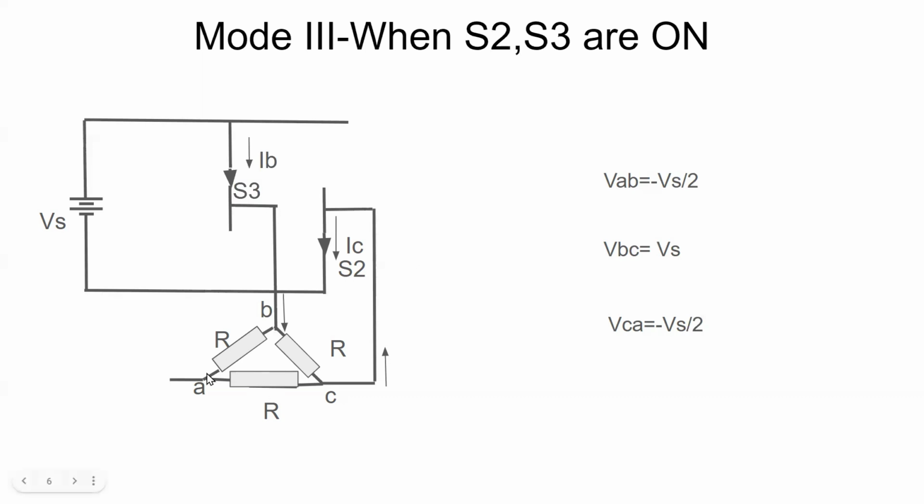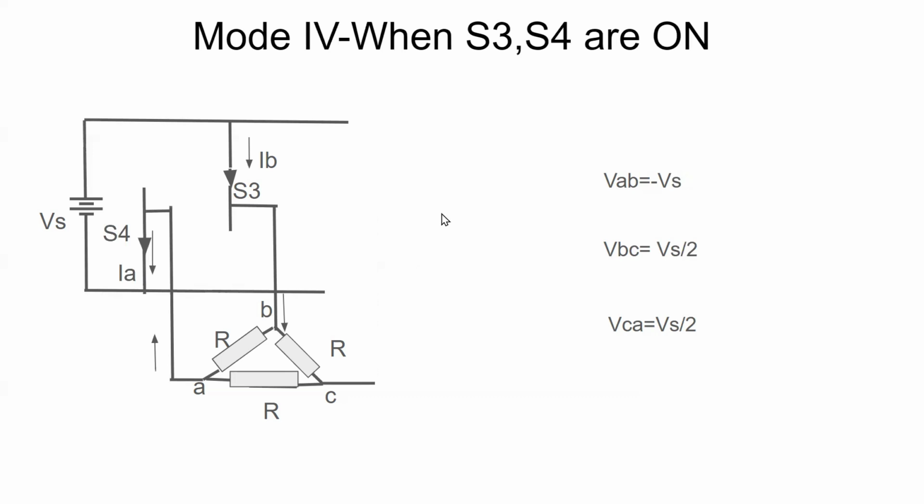So we can write VAB equal to minus Vs by 2, since B is connected to plus terminal and A terminal is connected through this resistor to minus Vs. And VCA is equal to minus Vs by 2.